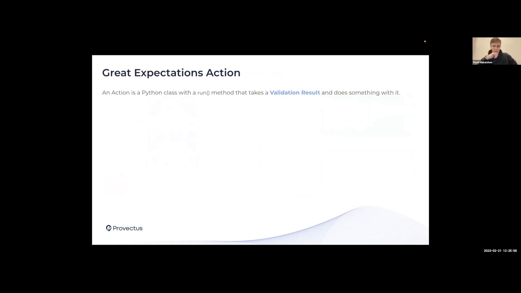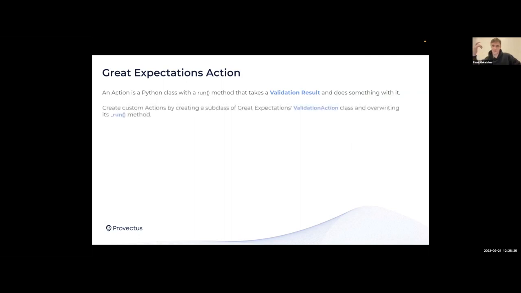From the documentation, I got that an action is just a Python class. We can treat it like a callback, which will be run by Great Expectations during runtime with validation results. There are already implemented actions, like an email notifier or a Slack notifier, but because we need to create an integration for ODD, we need to create our custom action.